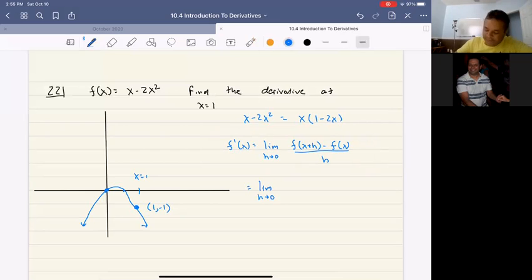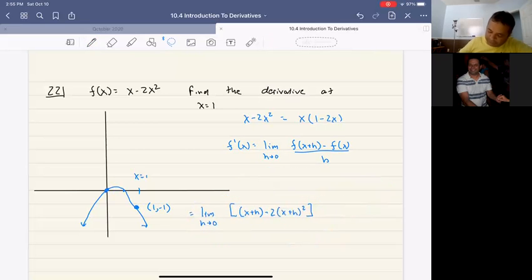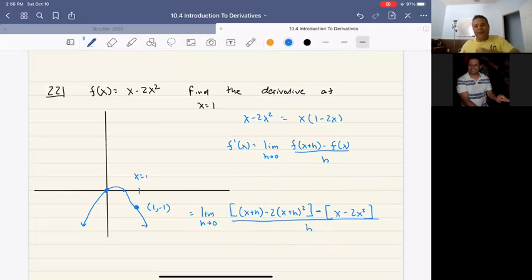Let's take f of x plus h, which is x plus h minus 2 times x plus h squared, minus x minus 2x squared, divided by h.